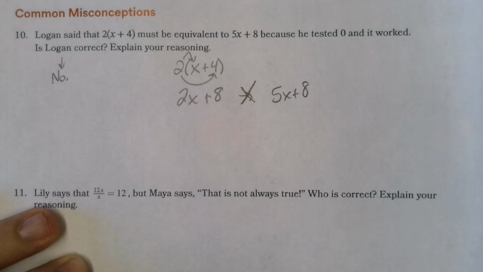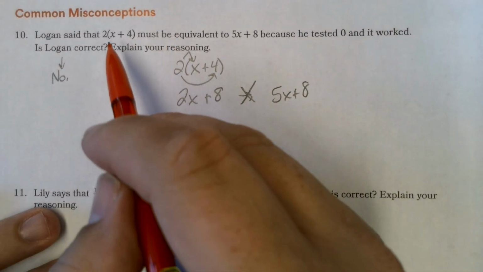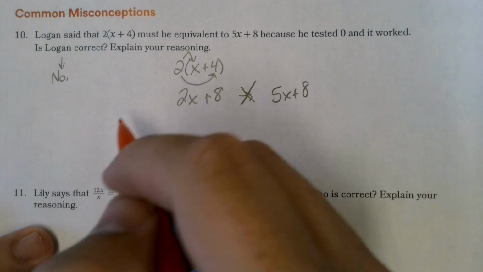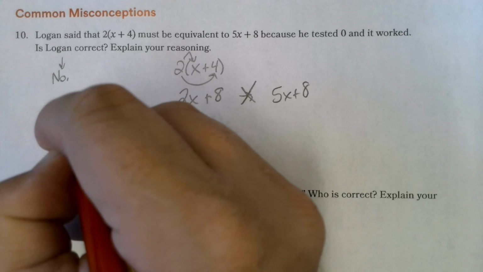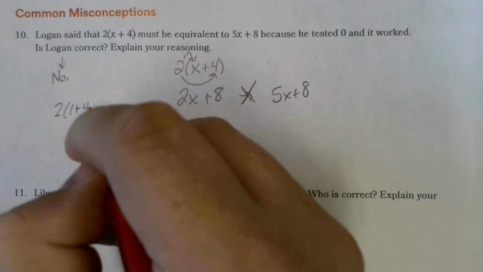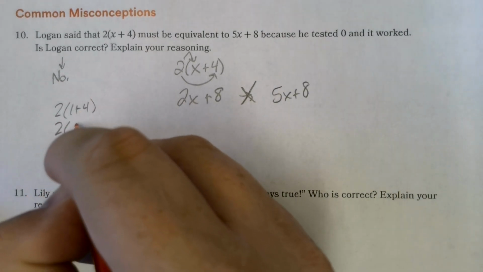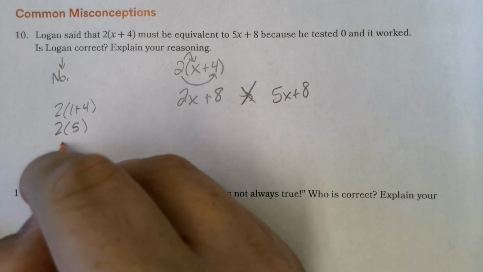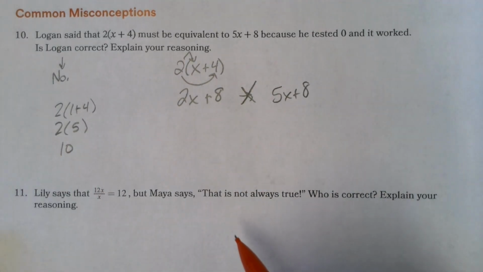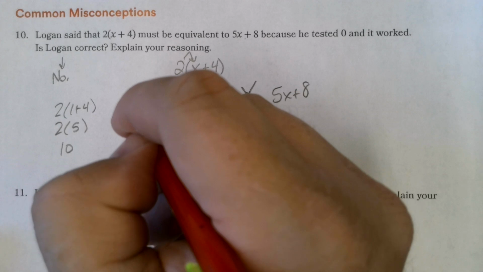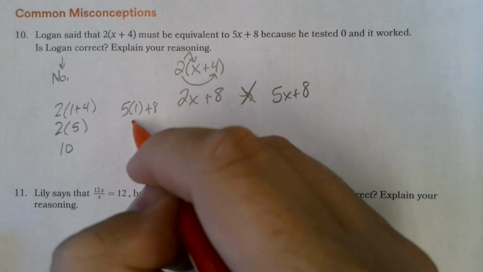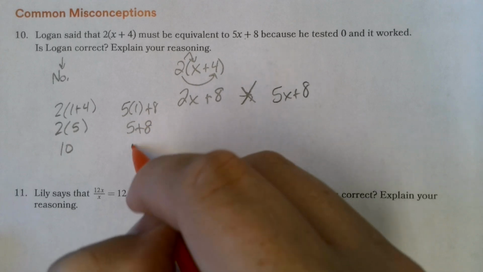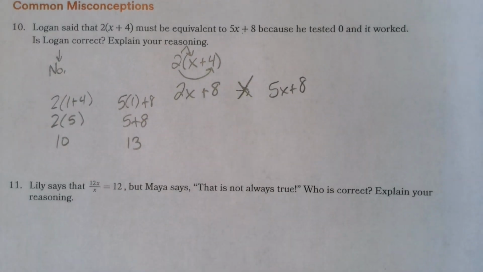We could also use a different number to test. Let's say that we used 1 here. So I said 2 times 1 plus 4. Well, 1 plus 4 is 5, and 2 times 5 is 10. If I used 1 in the second expression, I have 5 plus 8, which is 13.